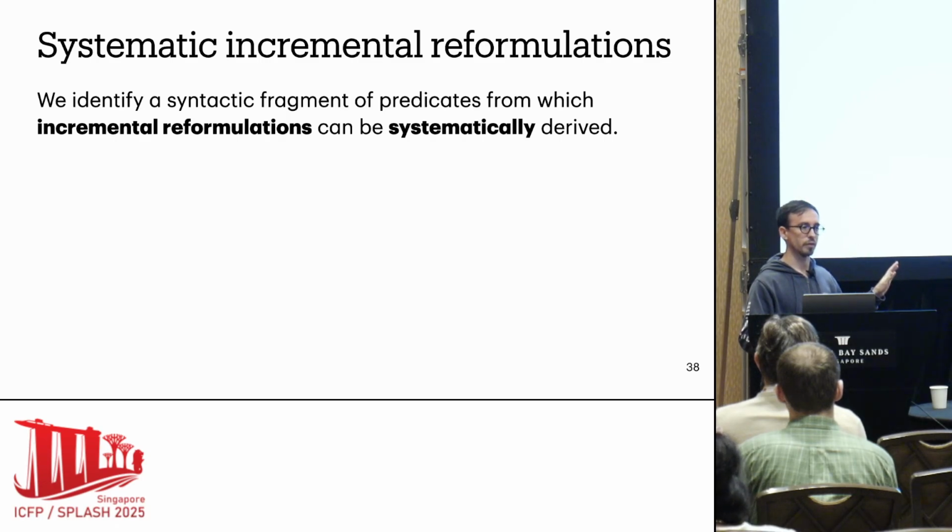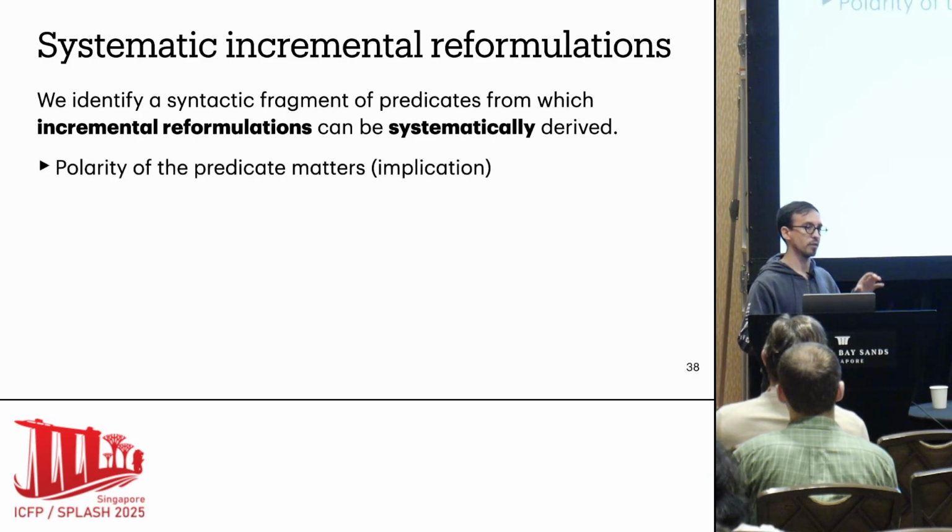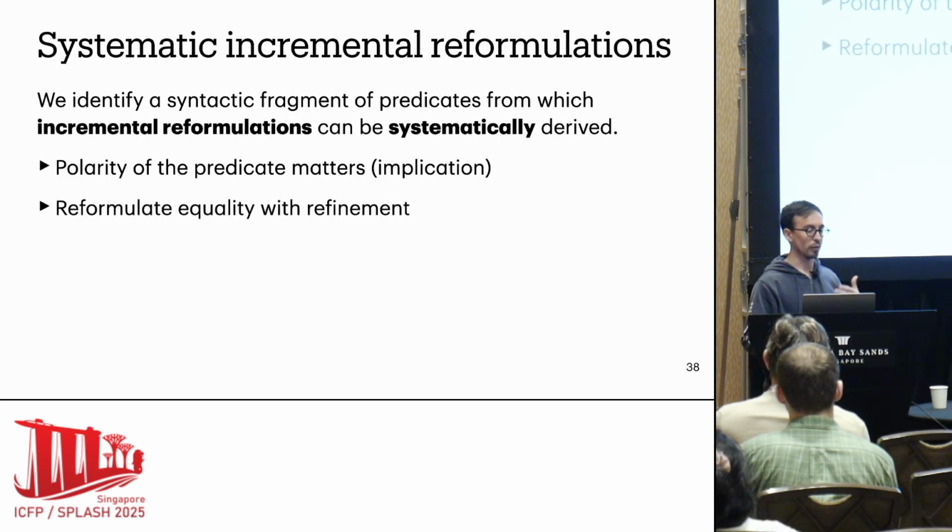I'm not going to show all of the examples, they are in the paper. But there are two things that I do want to emphasize. For the process of reformulation, the polarity of the predicate matters. Where you sit in an implication, whether it's on the goal or in the premises, matters for how you reformulate. And we also added a reformulation for equality using this refinement relation.